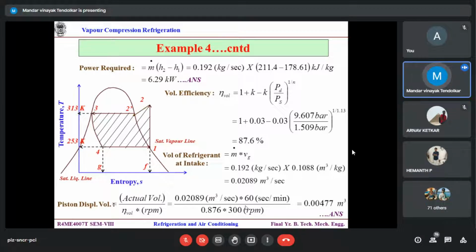Achha. Without a compressor, how can you solve for a gas turbine? In the gas turbine also there is an air compressor.